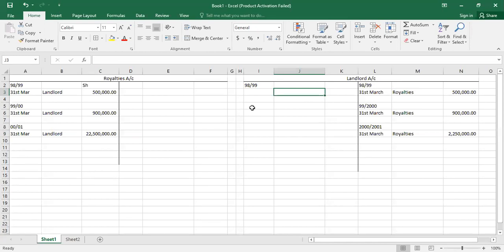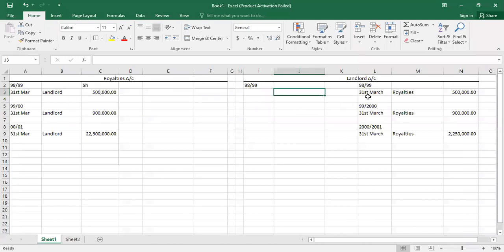So I'm debiting the landlords with the payment and I'm crediting the cash book because my cash is decreasing, right? Assuming that we paid everything, I want to close this book.